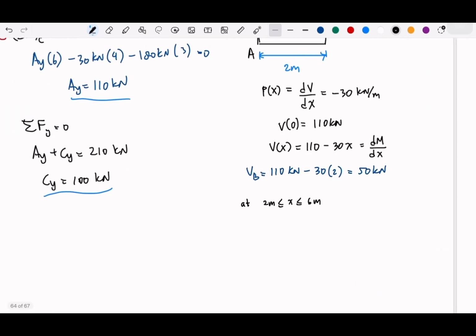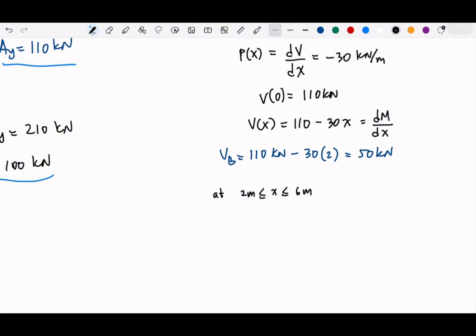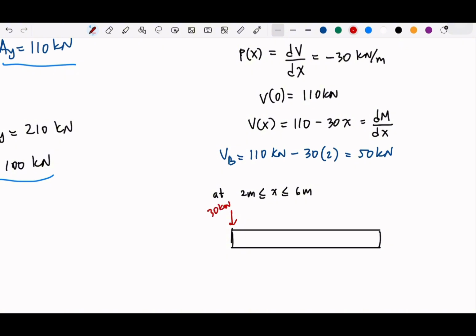So let me draw that at B. At B we have 30 kilonewton, and then we have the distributed load, perhaps at 1 meter here, and then we have another one which is 3 meters.